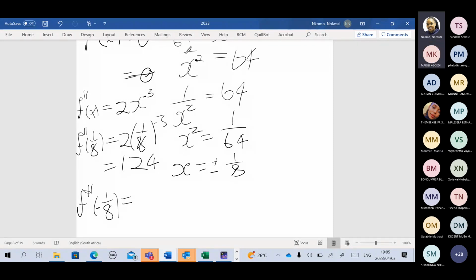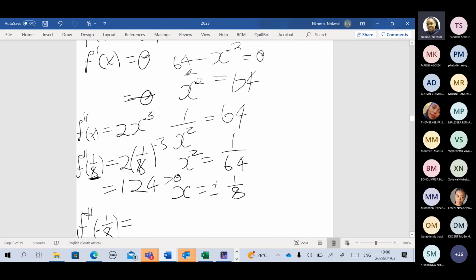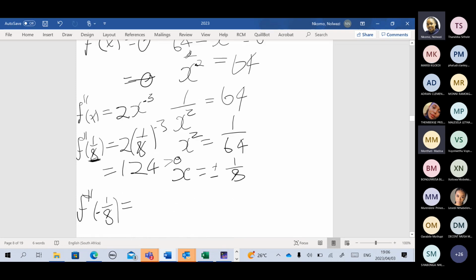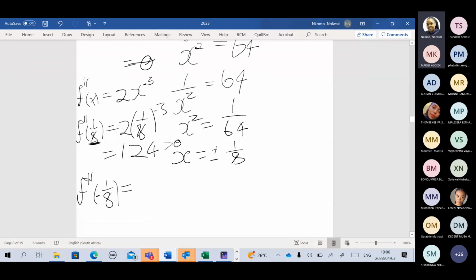Okay, first, this is positive. Since f double prime of 1 over 8 is greater than 0, that means this point is a minimum point.